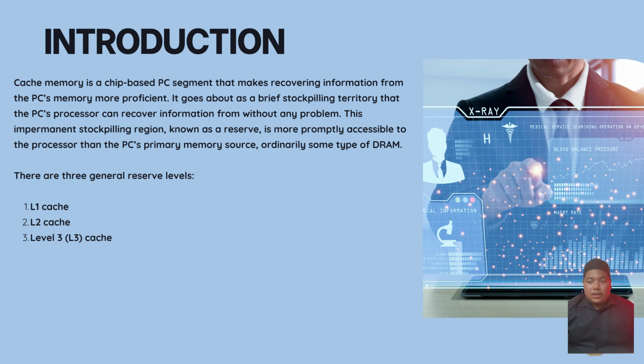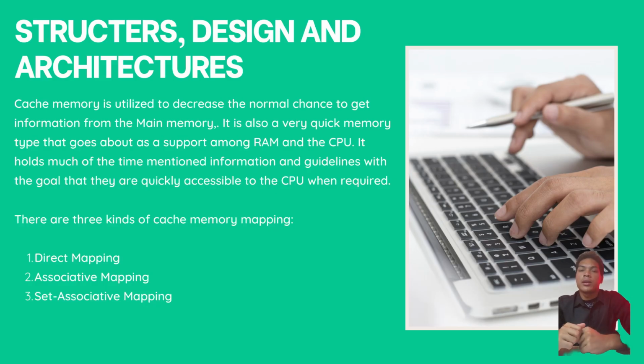If a level 3 cache references an instruction, it is usually raised to a higher level of cache. Okay, so now I will continue our presentation with structures, design, and architectures.